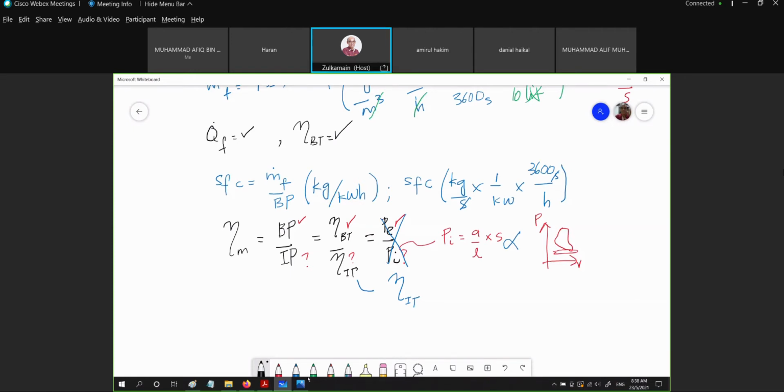Itulah. IT, sorry. Yang saya gunakan IT. Okay. This IT is equivalent to what? Is equivalent to the IP divided by the M dot F multiplied by Q CV. Yang ini kita tak tahu. IP.